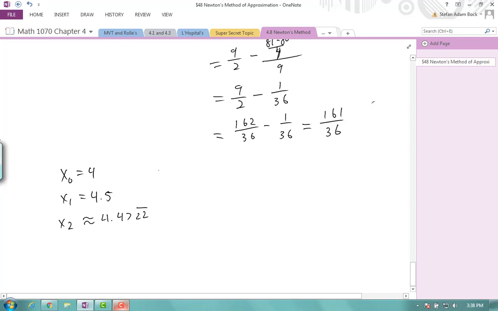So what happens when I square each of these? X sub 0 squared is equal to 16. X sub 1 squared is equal to 20.25. I overshot it a little bit. And X sub 2 squared is 20.00077. That's pretty dang close.